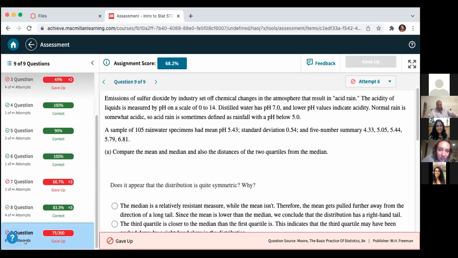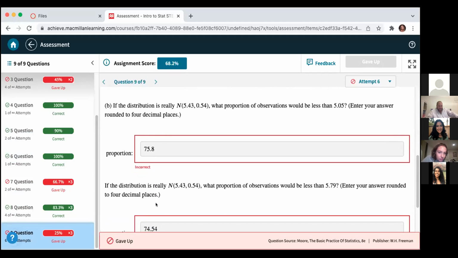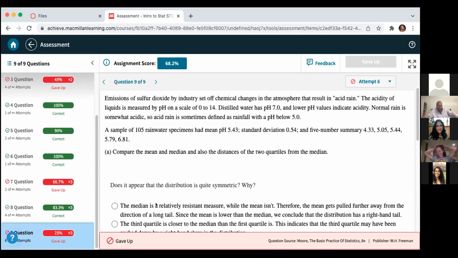Okay. This question that I have open right now, it's a long one, but obviously I didn't get it. Emissions of sulfur dioxide by industry set off chemical changes in the atmosphere. Okay, this is just chemistry. So a sample of n equals 105 has a sample average, x bar, of 5.43 with a standard deviation of 0.54.